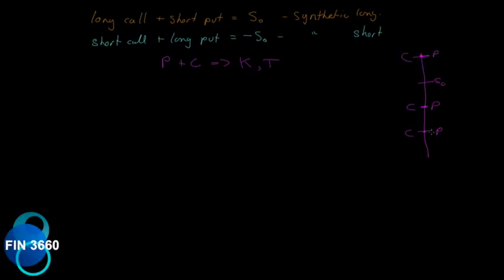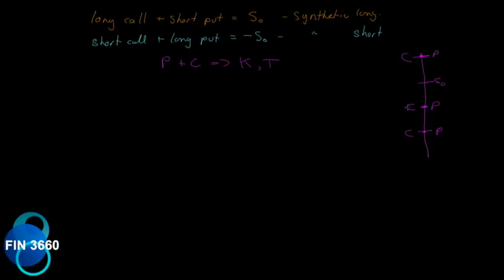It doesn't matter what strike price you choose, as long as it's the same strike price for both and the same time to expiration. Now, down here, if the stock price is here, the call is deep in the money, so you'll pay a lot for the call and not so much for the put. But up here, the call is out of the money, so you'll pay a little for the call, but the put is in the money, so you'll pay a lot for the put.